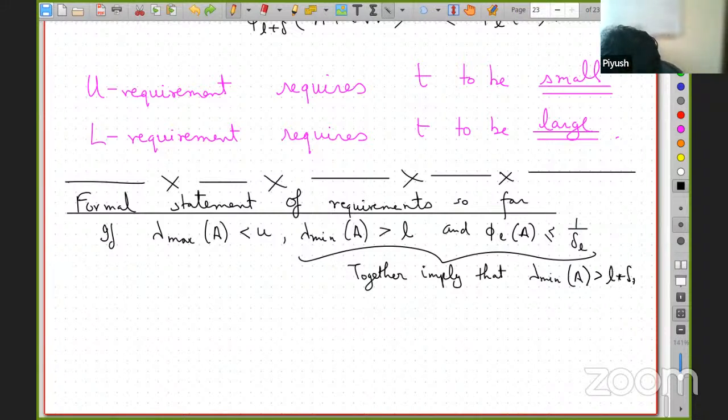Why is that? So if phi L of A is less than 1 over delta L, each term in the definition of phi L of A is positive. So in particular, this means that 1 over lambda min minus L is less than 1 over delta L, right? Which is the same thing as exactly this. So this is a new condition that we are imposing.